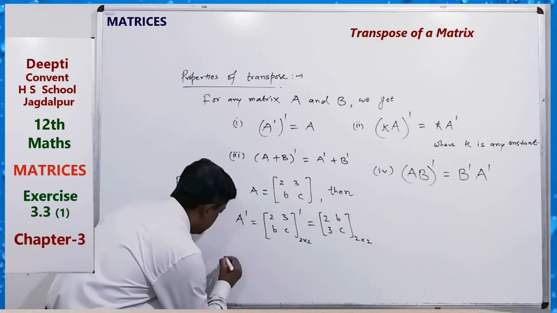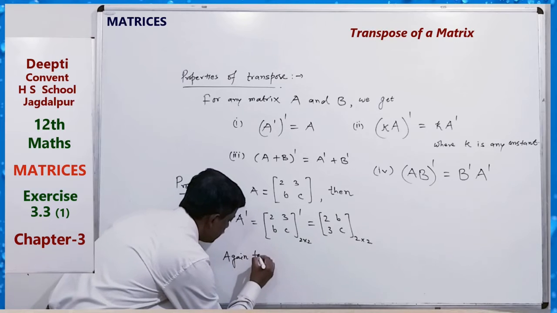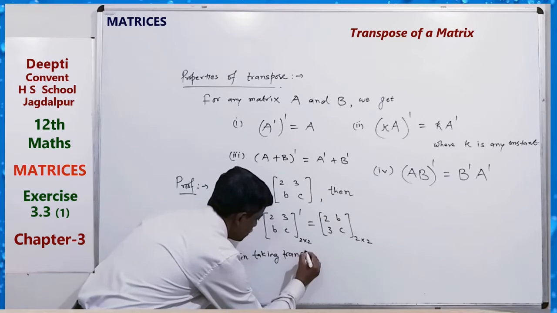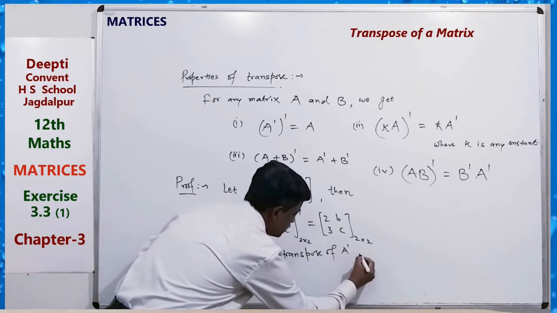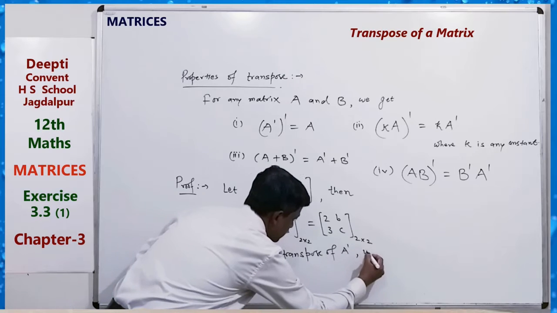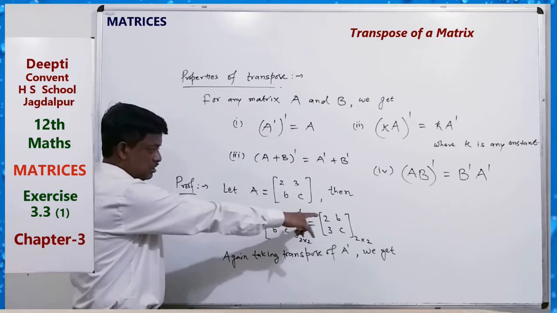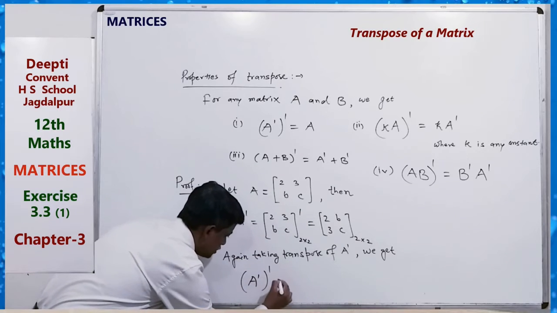Now again taking the transpose of A dash, we get again the transpose. A dash double dash equals the transpose of this.